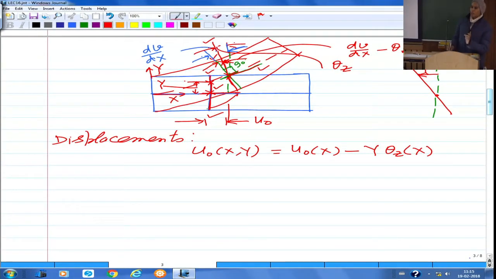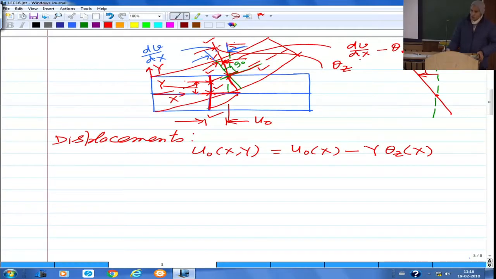So still we are assuming that an initially straight normal remains straight in the deformed configuration. Plane normal sections remain plane after deformation, but they do not remain normal to the deformed middle surface of the beam. Earlier we had said that theta z is equal to dv by dx, because we said that the initial material line coincides with the normal to the middle surface in the deformed configuration.